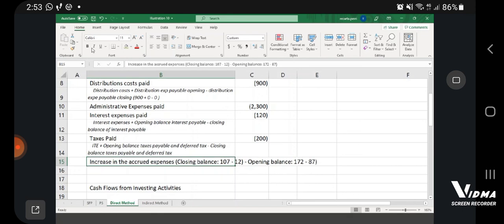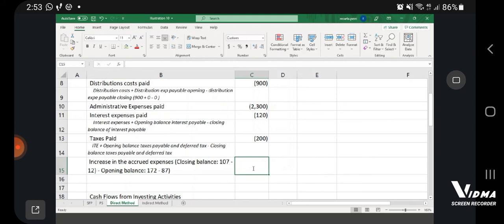So this is how we take into account the increase in the accrued expenses, and that is 10, a positive amount. That means that the cash flows from operating activities are equal to all of the above, and we can make the calculations over here.